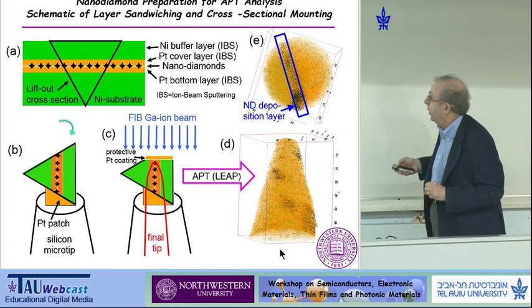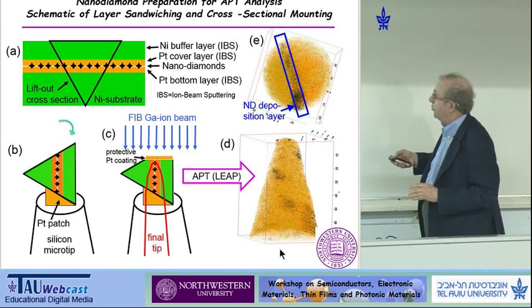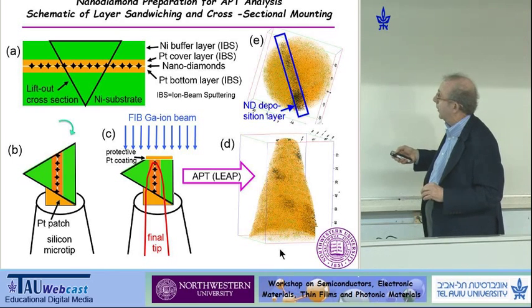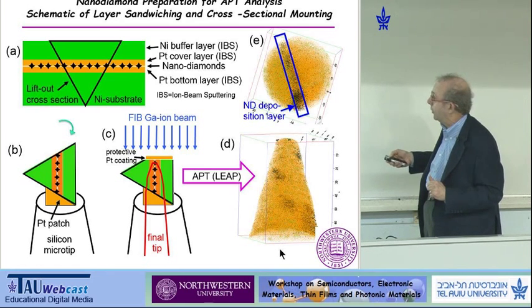The next step is to make a nanotip out of it, and that's where we use the dual beam FIB, and you see we also put a protective layer of platinum here.